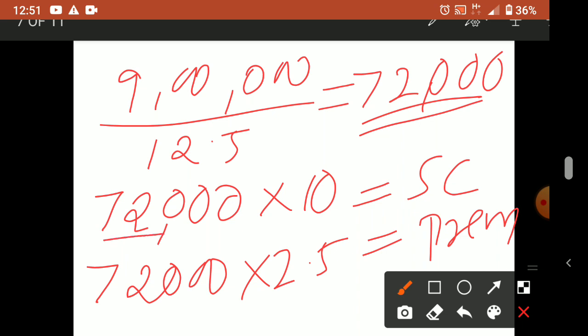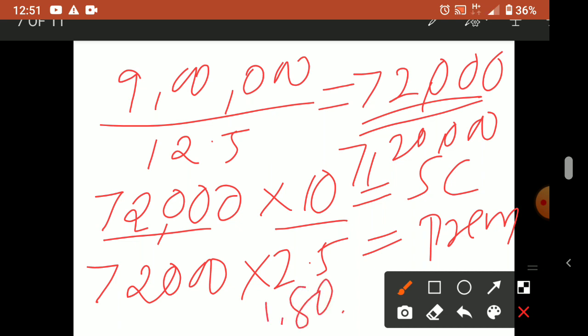So 72,000 into 10 is 7 lakh 20,000 in the share capital account. Then premium 72,000 into 2.5 is 1 lakh 80,000. So 7 lakh 20 plus 1 lakh 80 is 9 lakh total. This way we have to bifurcate and write when it is for premium.